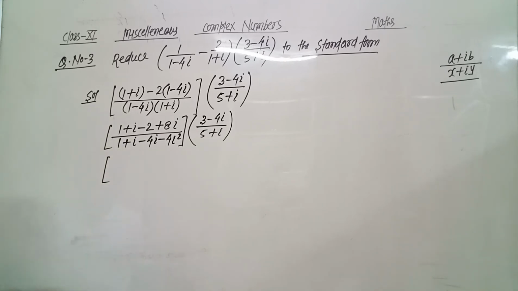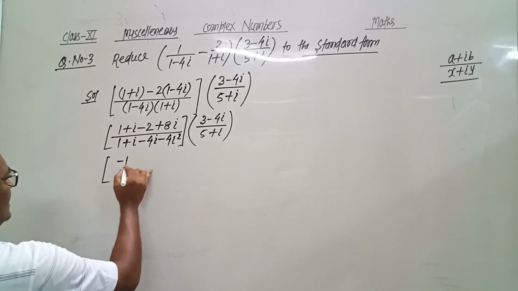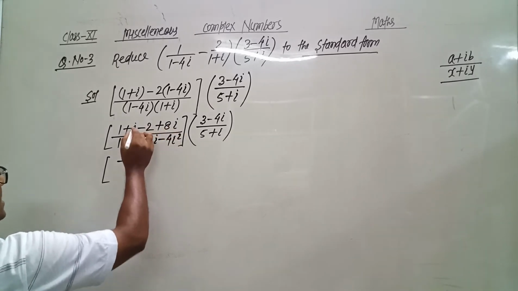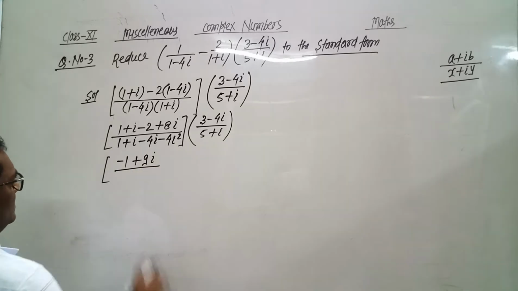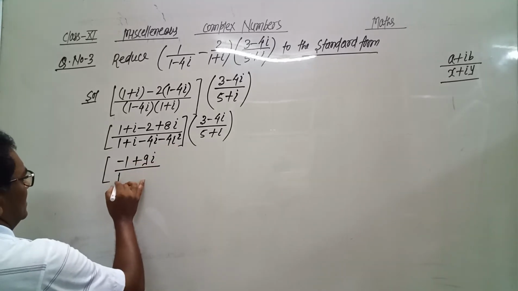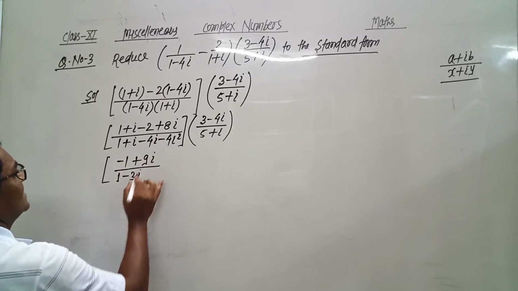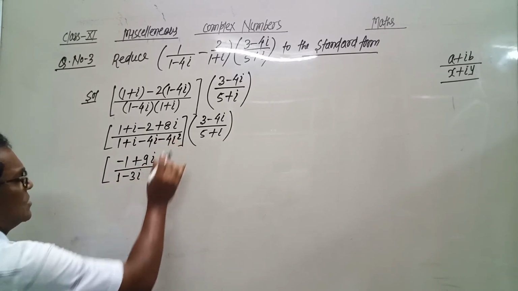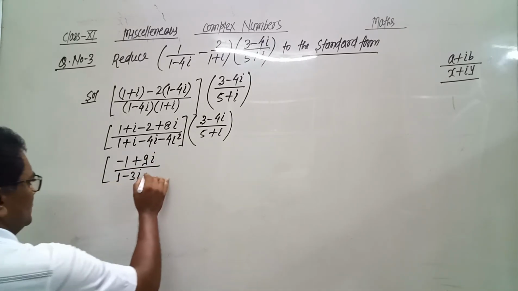Then 1 minus 2, it gets minus 1, and 8 iota plus iota, there comes 9 iota. Here iota minus 4 iota, minus 3 iota, and iota square is minus 1. So minus minus plus 4.